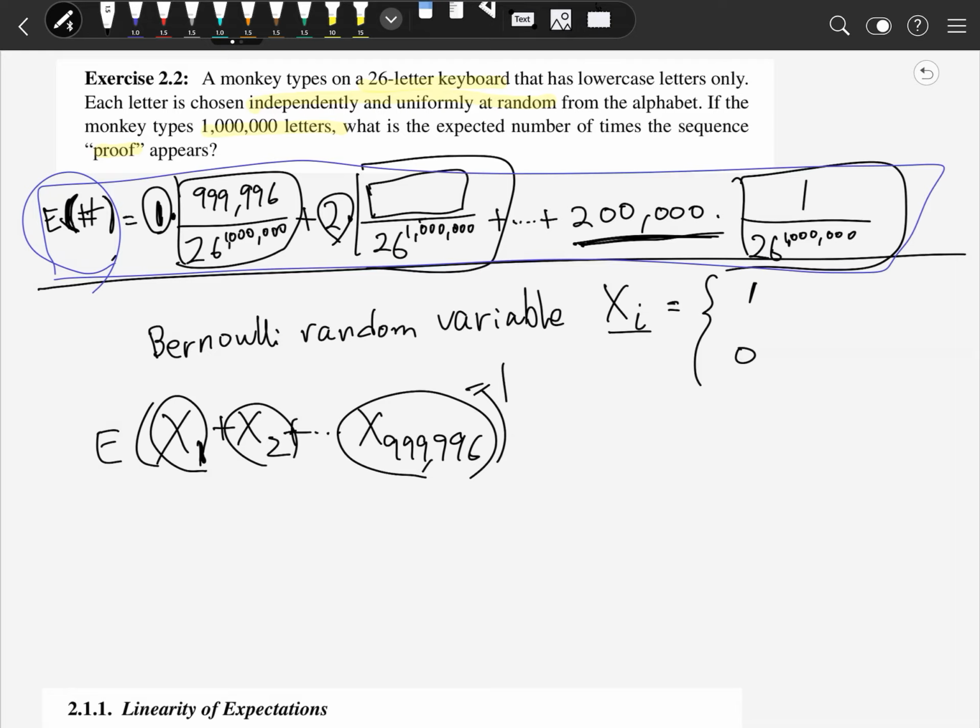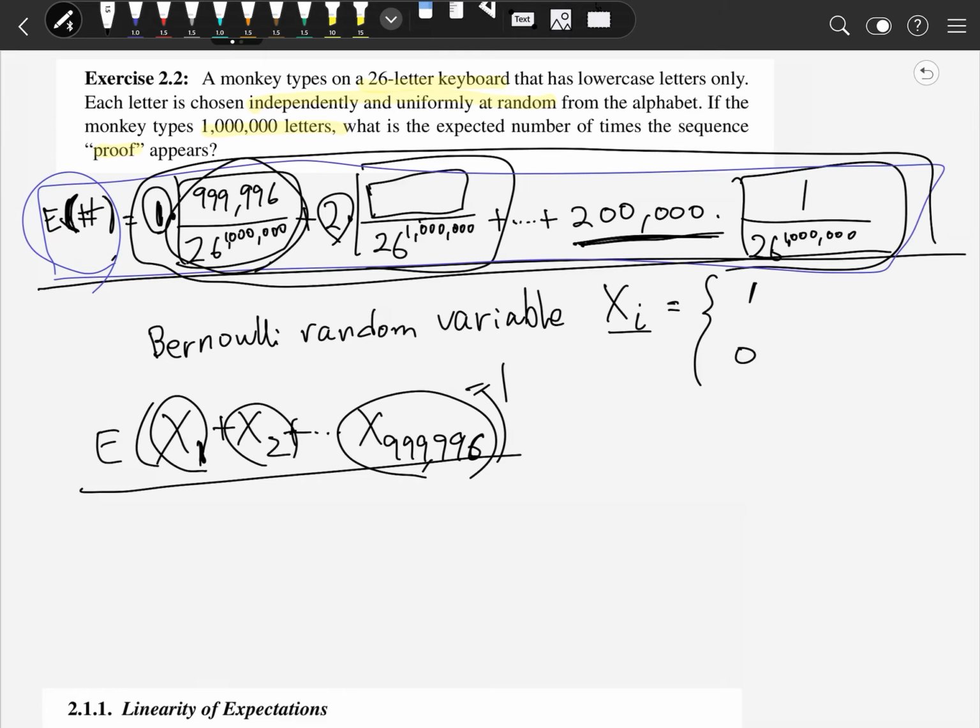And the probability that it appears one time is this. But the problem is we still cannot calculate this if we use the same way that I have described before.